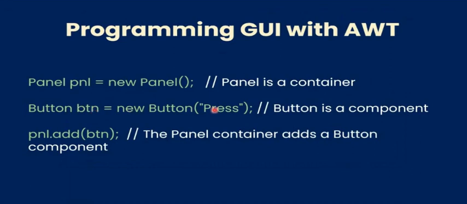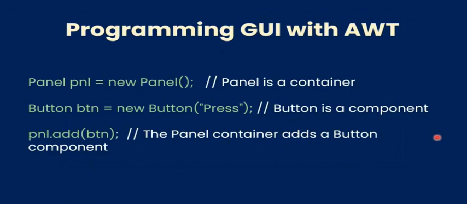So new button, and the button is a component, or a text field is a component, or label, and then the panel container adds a button component. Okay, so buttons, labels, drop down, radio button. There are many more.